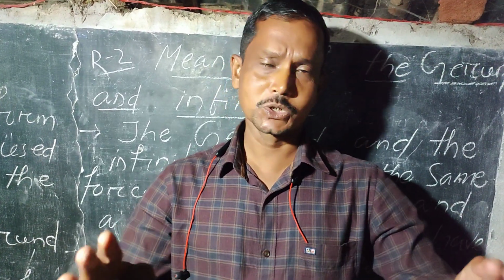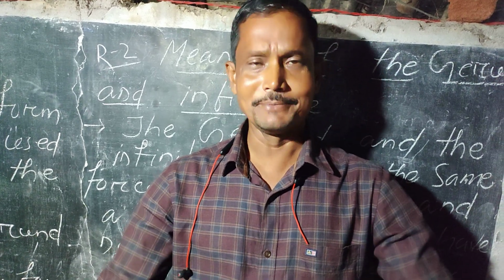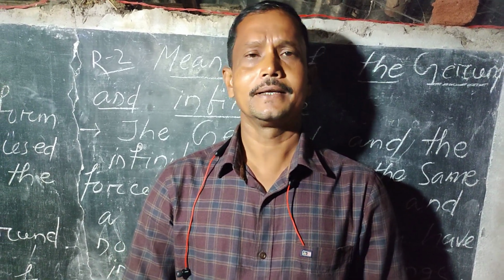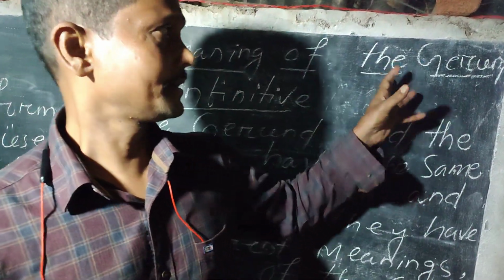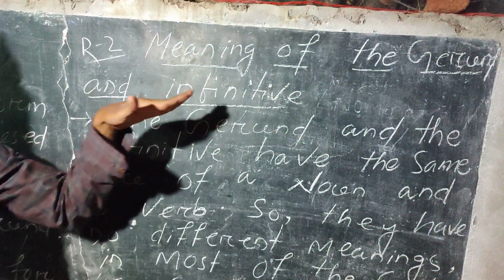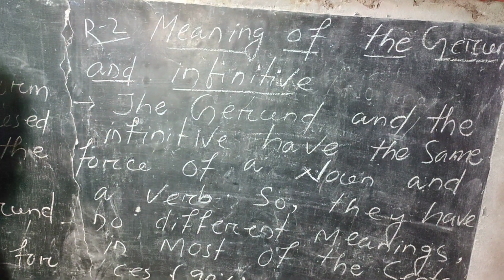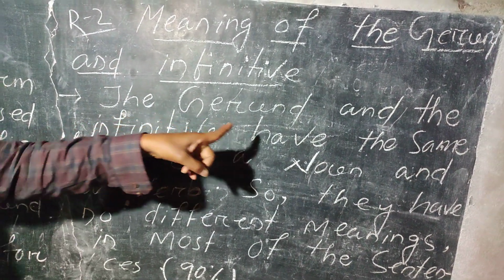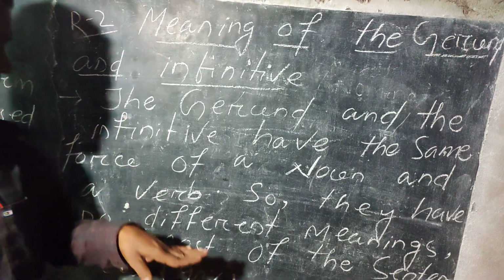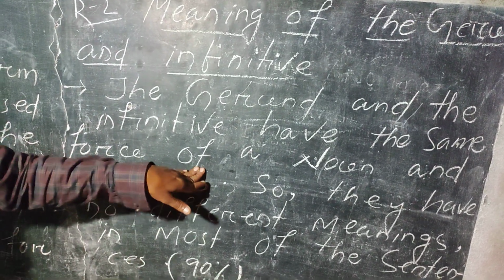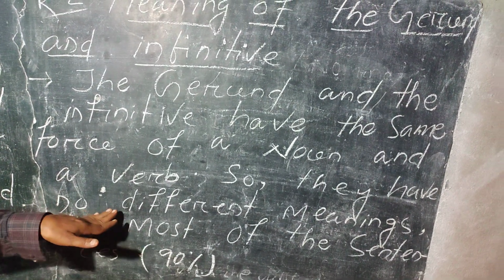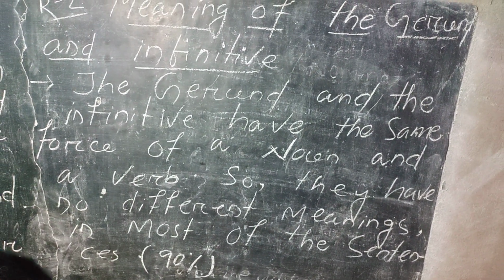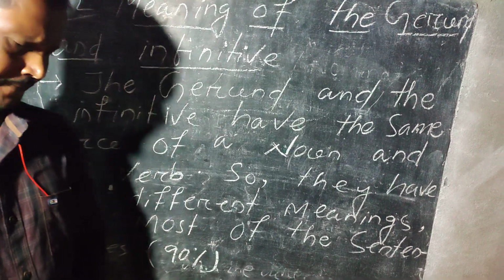And infinitives are two types: to infinitive and bare infinitive. And here the topic is meaning of the gerund and infinitive. The gerund and the infinitive have same force of a noun and a verb. So they have no different meanings in most of the sentences.